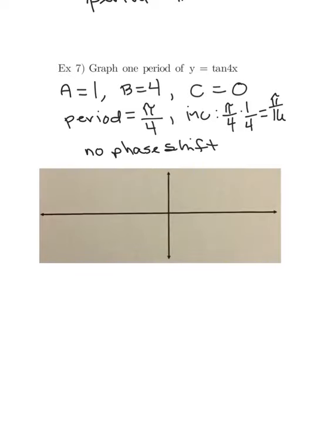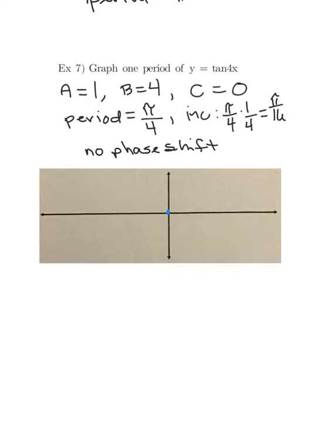When you are graphing a tangent or a cotangent function, it's really important to know that you must work off of the point where the function crossed 0 in the basic function. A tangent function crosses 0 at 0. So because we had no phase shift, that stays the same on this problem. Our increments from that 0, we're going to count by pi over 16s.